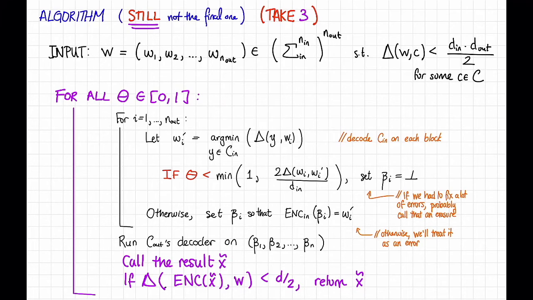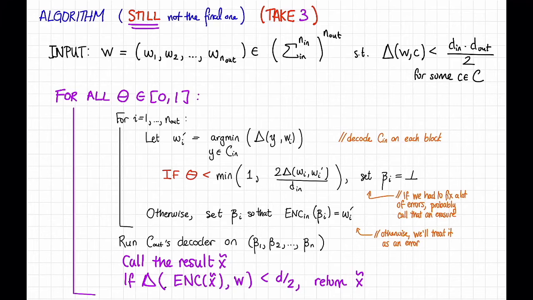And I claim that this is going to work. The reason is that because of that claim we said before, that in expectation over theta, we're going to get the right answer, that means that in particular, there exists a theta so that we're going to get the right answer. Therefore, if we exhaust over all such theta, one of them is going to be the right answer. We'll find it by just checking, and then we'll return the right answer.